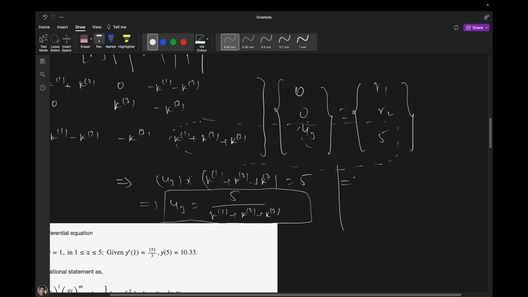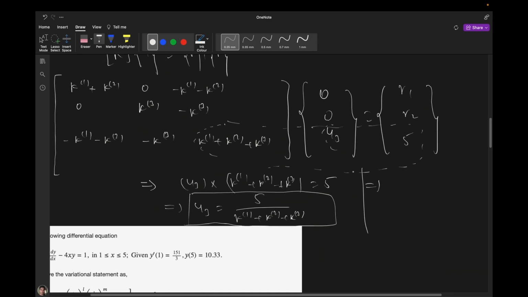In the first equation, when you multiply this row with this column, you get this term times this term equal to r1. You can see that when you multiply this term with this, it equals 0, and this with this also equals 0.